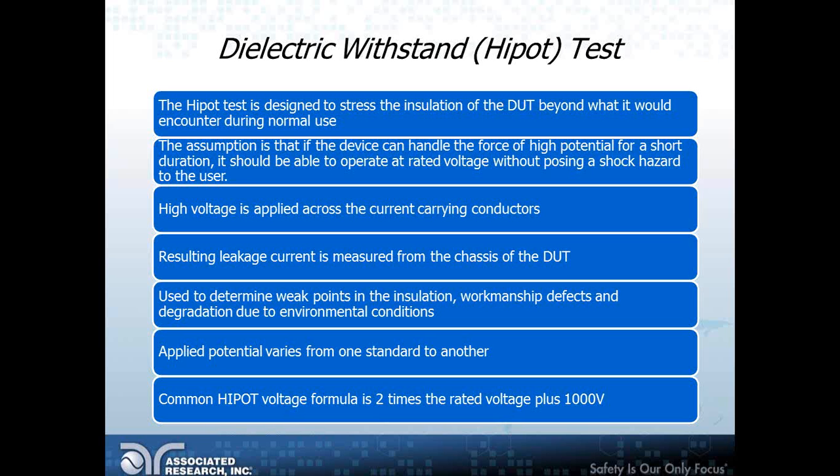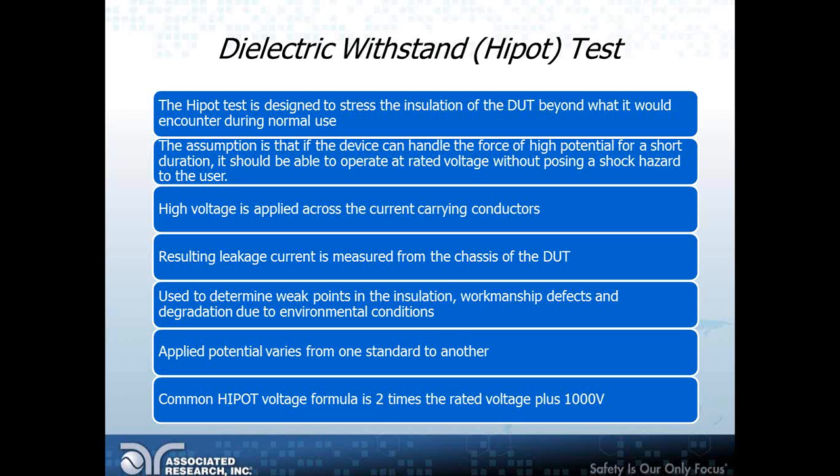Due to this versatility, and the fact that this test can detect a number of insulation faults, it is generally specified as a 100% production line test. Again, production line and type tests are something we covered in our last webinar.